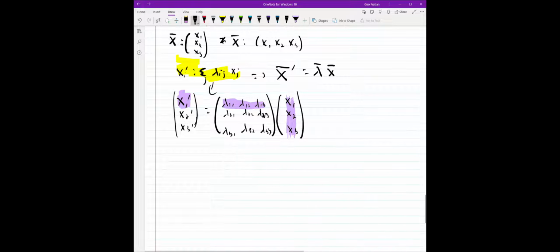In other words, x1 prime is equal to lambda 1 1 x1 plus lambda 1 2 x2 plus lambda 1 3 x3. And then you can do the same analysis like that, and you get these again, and so forth, right? And these are the exact same equations we had before. It's just a much neater way of writing it, right?